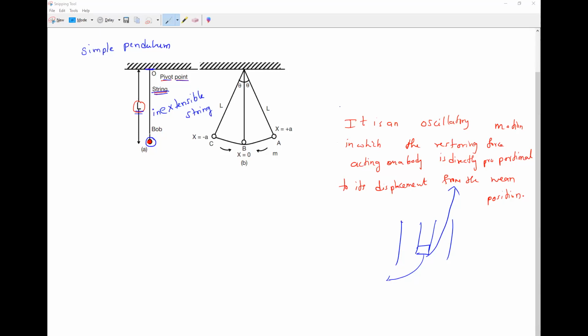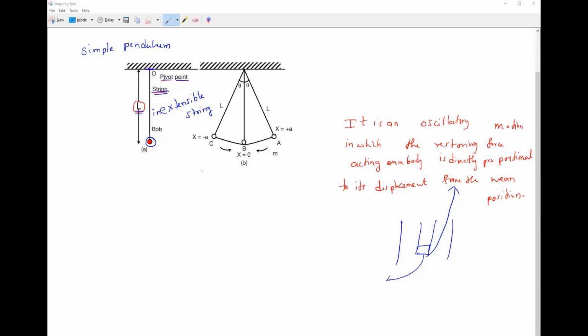If I take a perfect length, that same length it will be. Inextensible means no elastic nature, so the length of the string always remains constant. So that is what is called a simple pendulum.